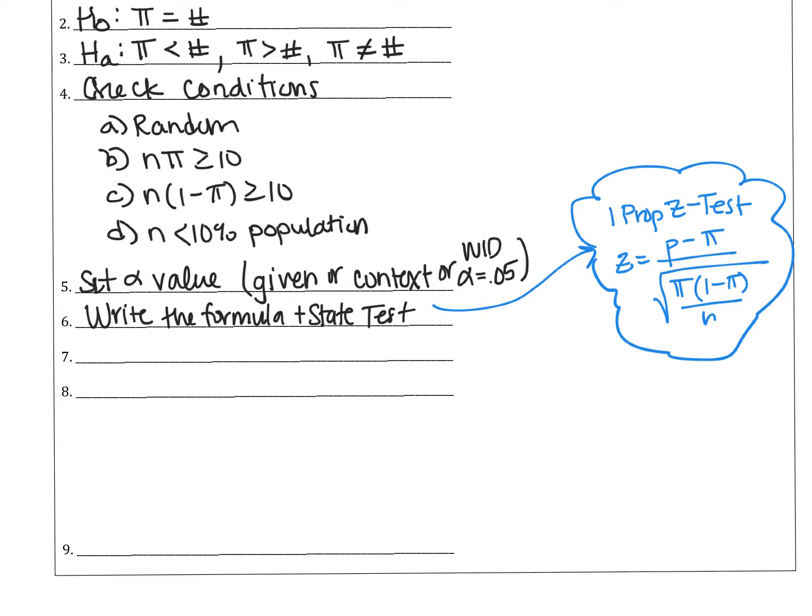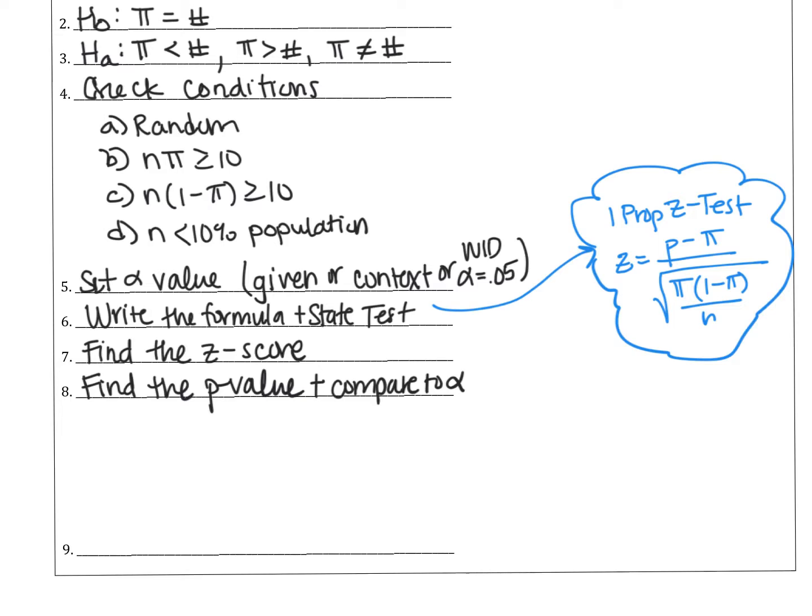In step 7, you're going to use data from the sample and pi to find that z-score. And in step 8, you're going to find the p-value through your probability statement and compare it to alpha.